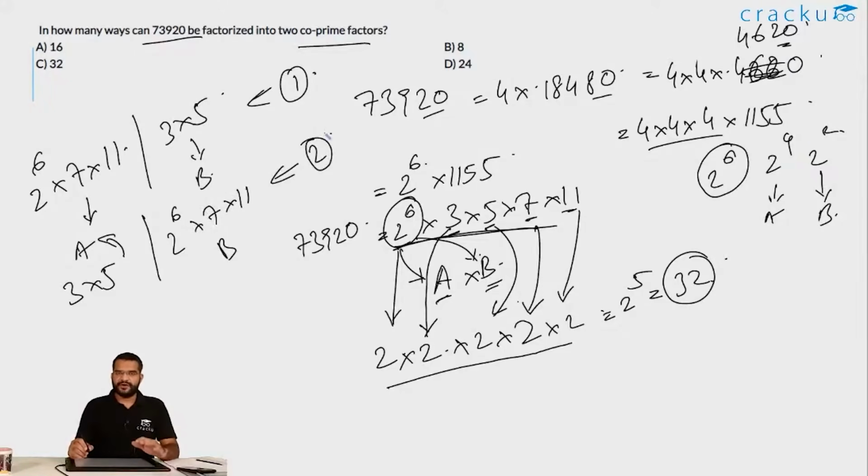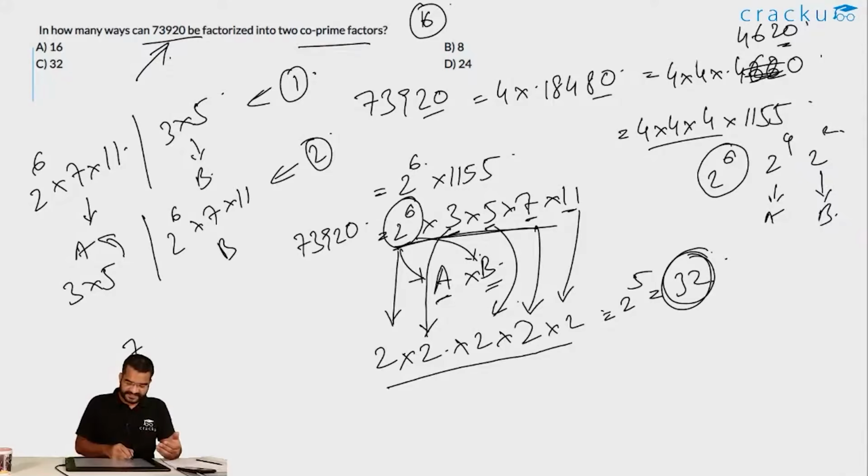So you have double counted all the cases. So the actual number of ways in which you can factorize 73920 into two co-prime factors is 32 by 2, which is 16.